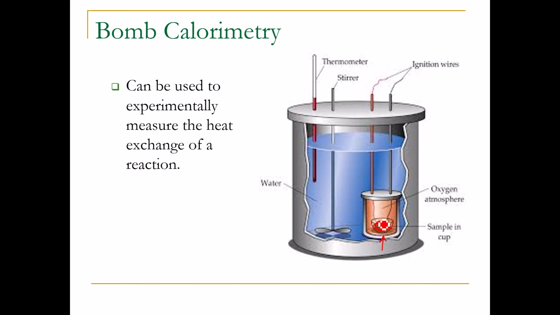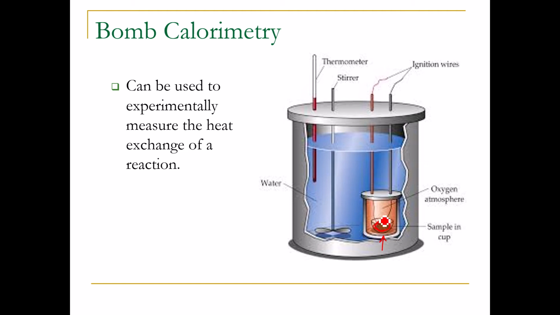We've got ignition wires coming up. There's oxygen in the chamber. And after the ignition wires hit, we're going to see combustion of our sample in the oxygen atmosphere, which, if you remember, your combustion reactions should create our CO2 and our water, sometimes other gases as well.